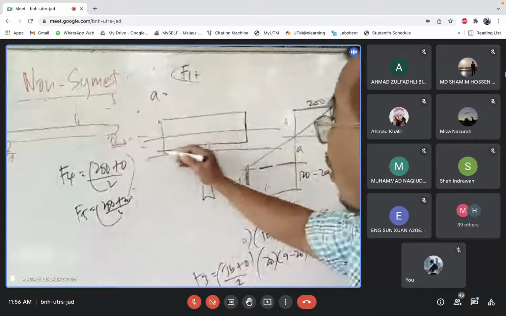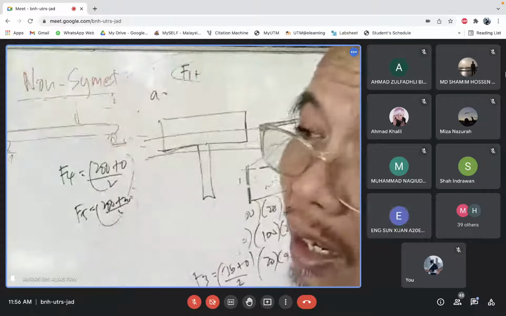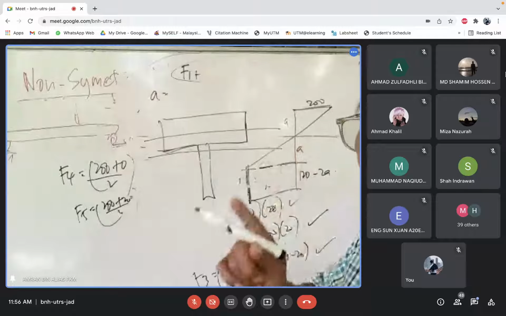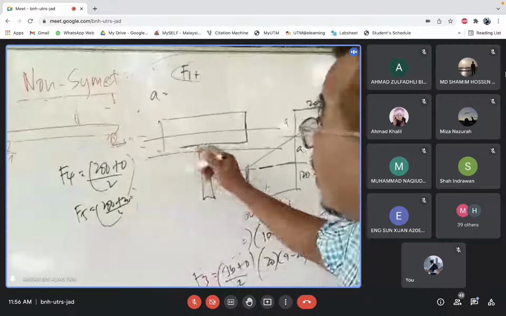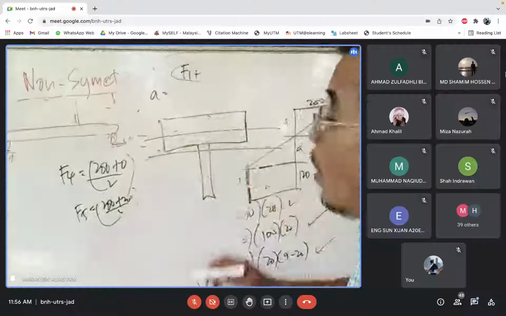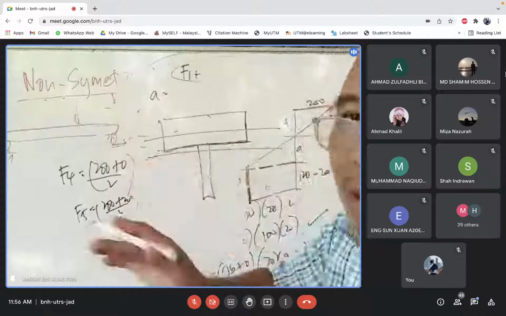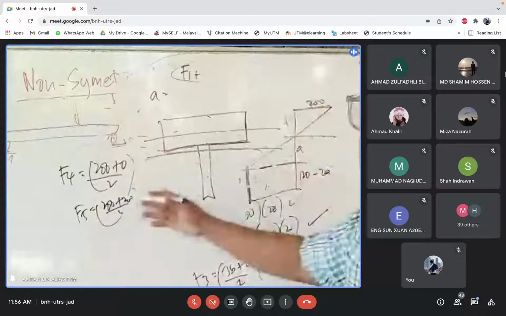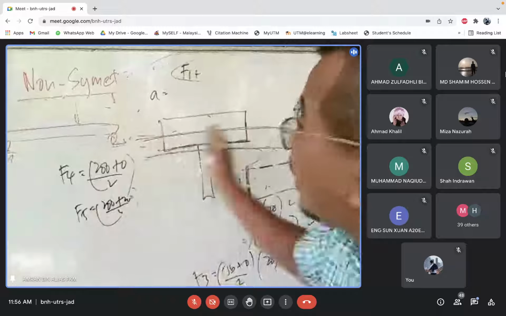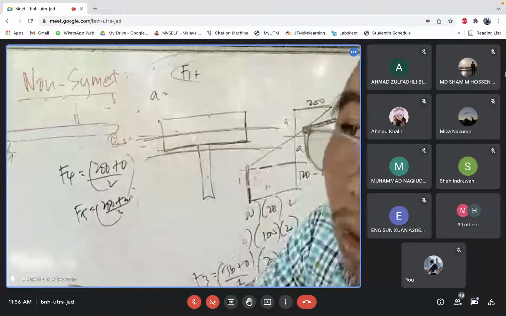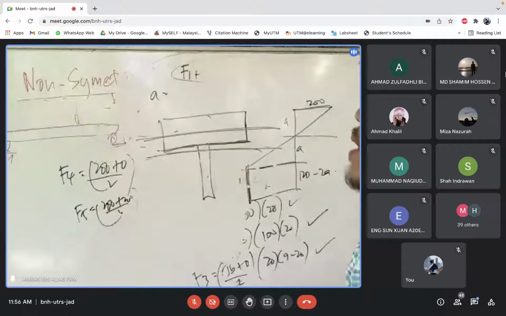It's not necessarily always here. You have to decide the first one and the final one. How to decide it? Summation of force to the left and the right must be equal to 0. Are you with me? Yes. That's how you decide it.